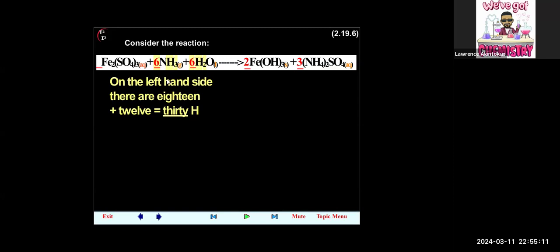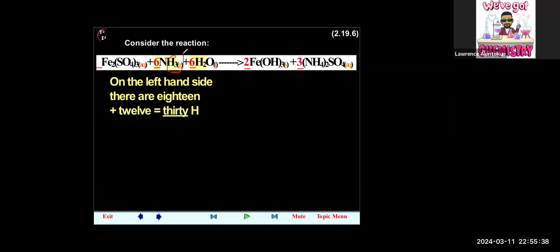So let's look at the number of hydrogen on the left-hand side. How do they get 30 hydrogen? If you look at this hydrogen here, let me just use this.